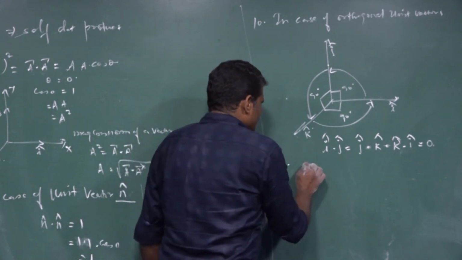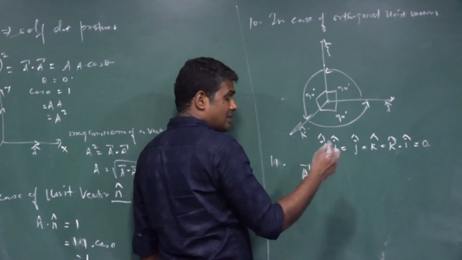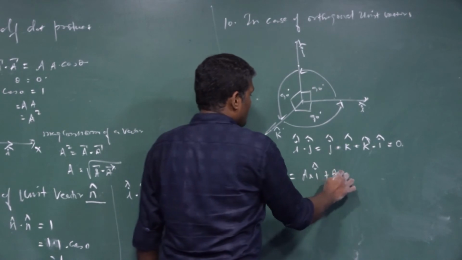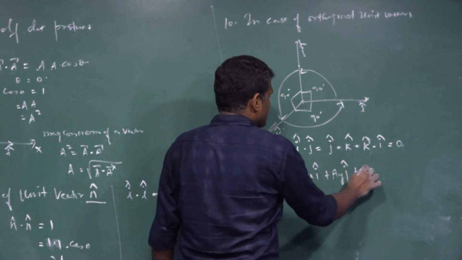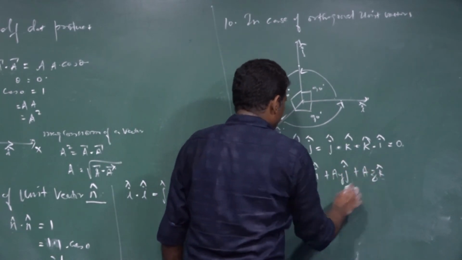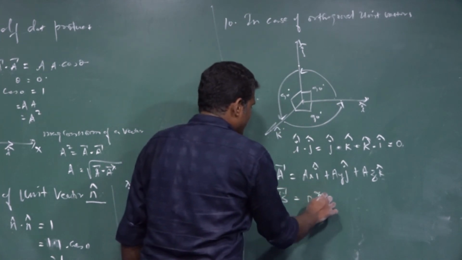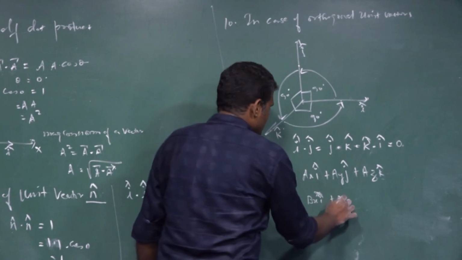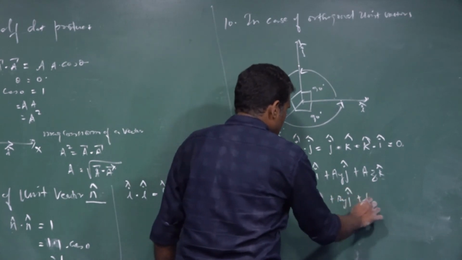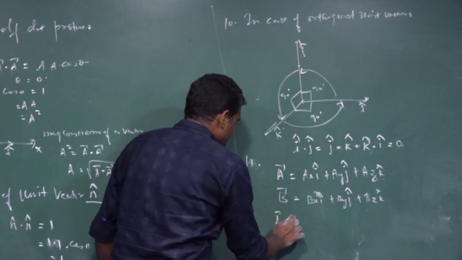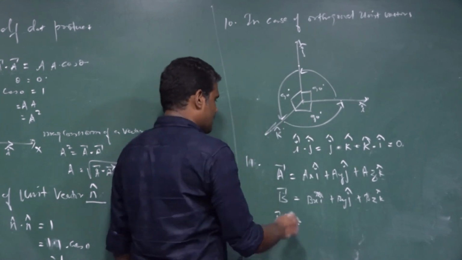A vector in all three dimensions can be represented as ax i cap plus ay j cap plus az k cap. In the same way, b vector is equal to bx i cap plus by j cap plus bz k cap. When this a vector and b vector are taken in a dot product, then what will happen?